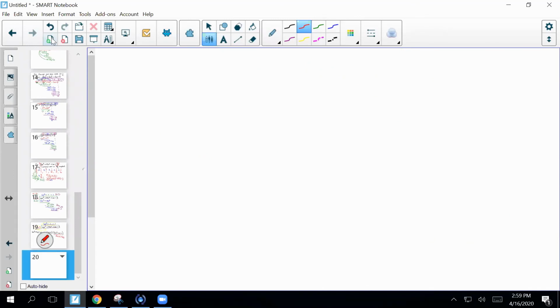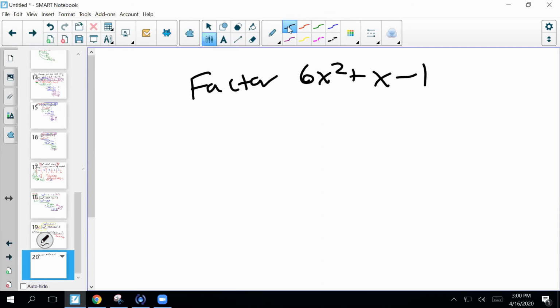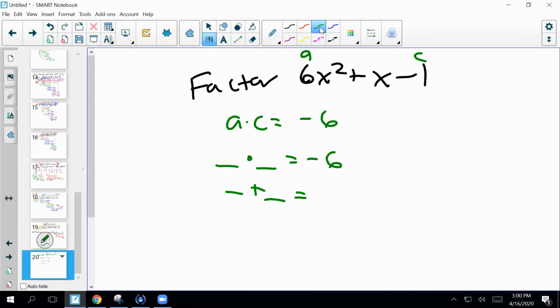So now we want to factor. You almost think of this as a separate problem. Now we want to factor 6x squared plus x minus 1. If we're using the AC method, a times c is 6 times negative 1, which is -6. We want two numbers that multiply to -6 and add to the middle term, which, if it's not there, you can always put a 1 there.